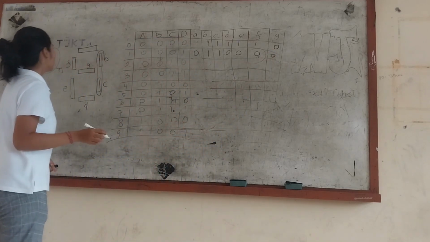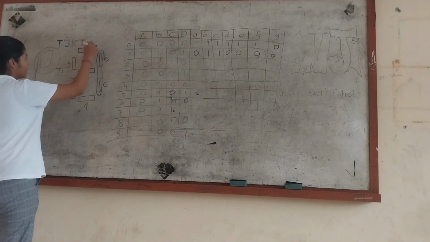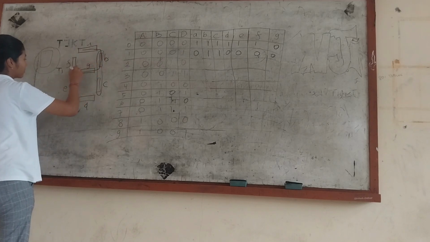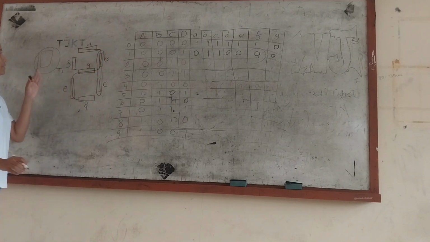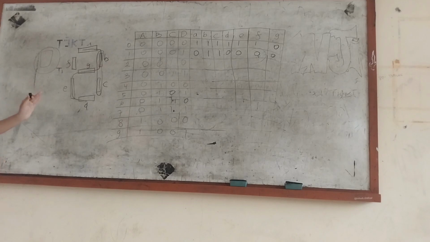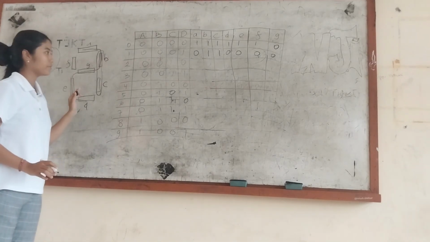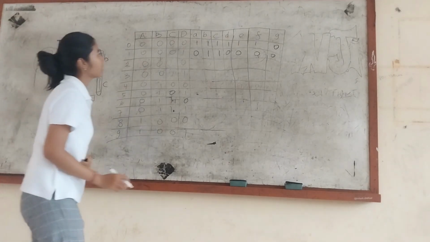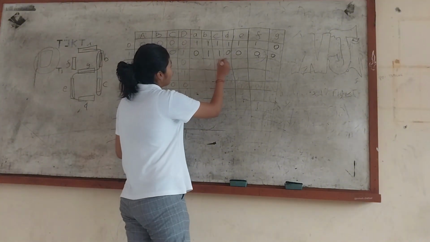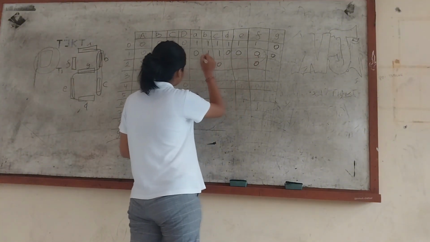How about two? We make two like this. So A, B, G, E, and D stay alive, and C and F are zero, and the others are one.